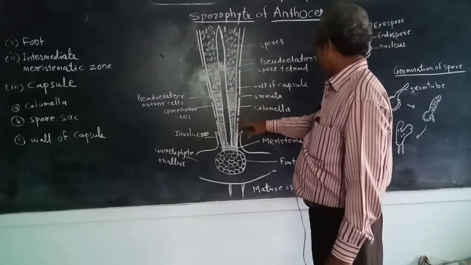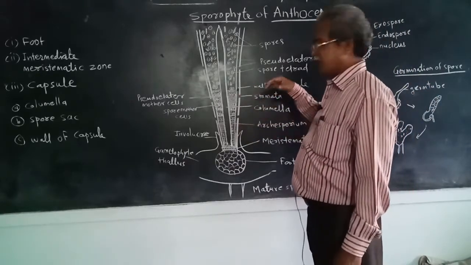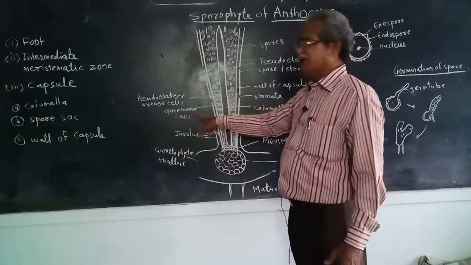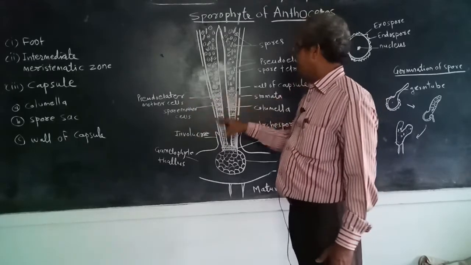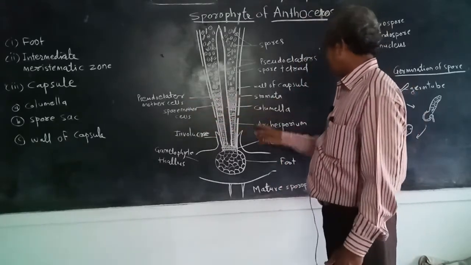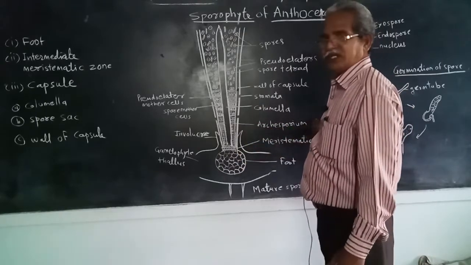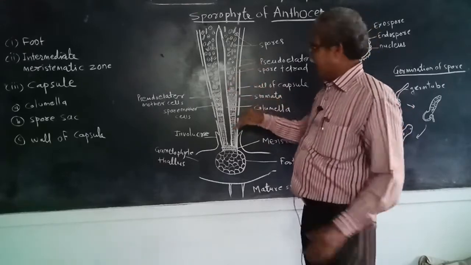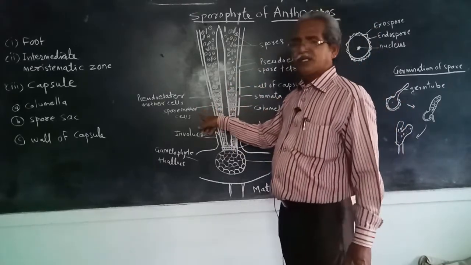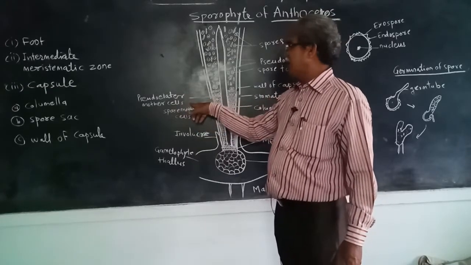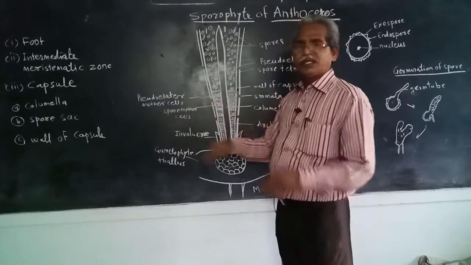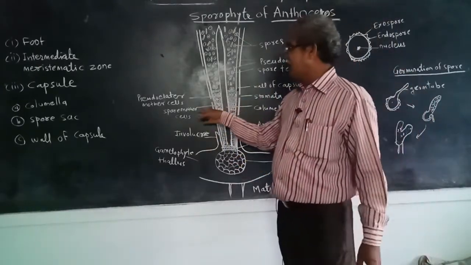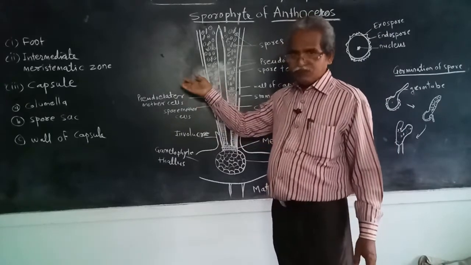Higher up, these archesporial cells get converted into alternating layers of spore mother cells and pseudo-elater mother cells. In the lower portion, archesporial cells are present. These later, in the upper part, get converted into spore mother cells and pseudo-elater mother cells, alternating with one another. They are also called fertile cells and sterile cells.